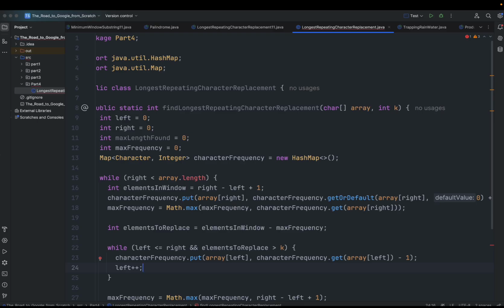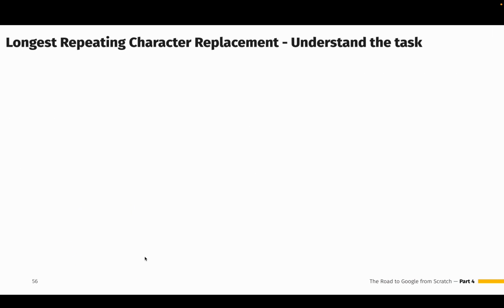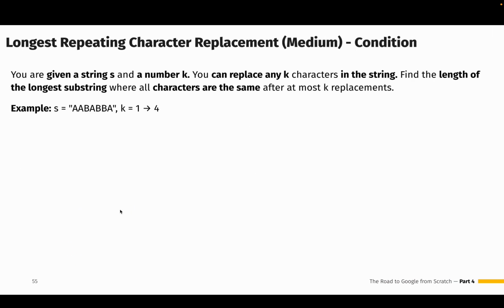So why do we need to do this? Let me show you. Let's imagine that initially I started at A, then A, then we are on B. We replace this element with A because we have this replacement, 1. Then we go to the next element, and now our maximum length, which we have already found, is 4.